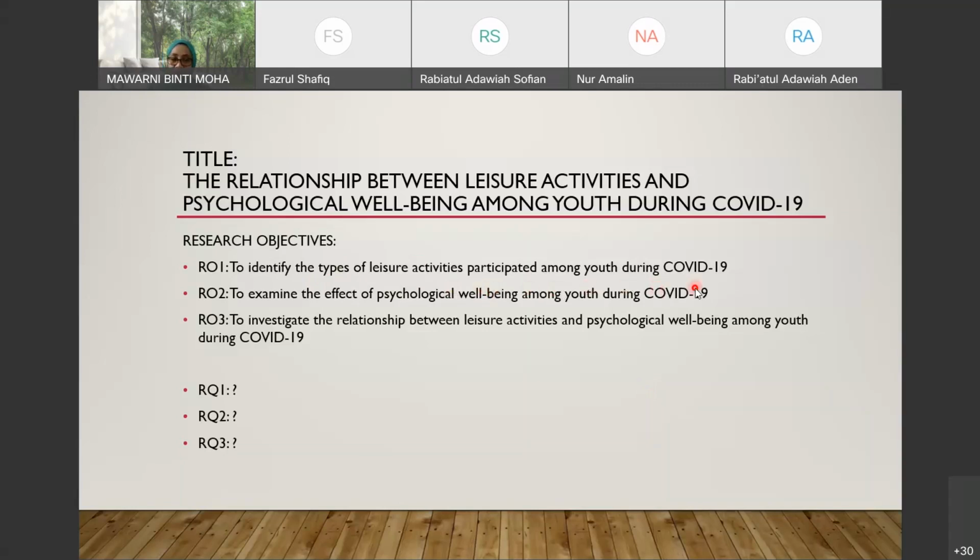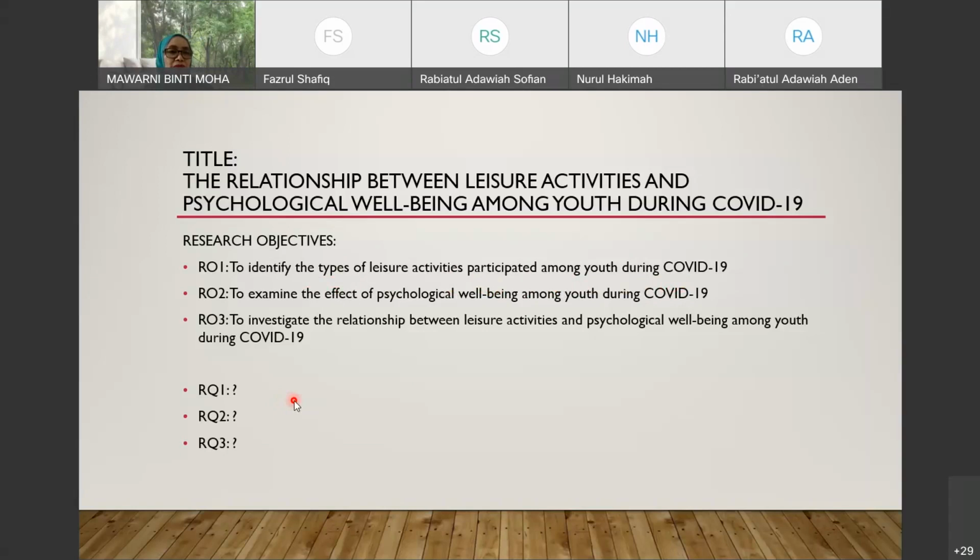It's basic English. You just transform the statement into a question. Yes, sure. So what are the types of leisure activities participated among youth during COVID-19? So just add what are the types. Yeah, what are the types of leisure activities?